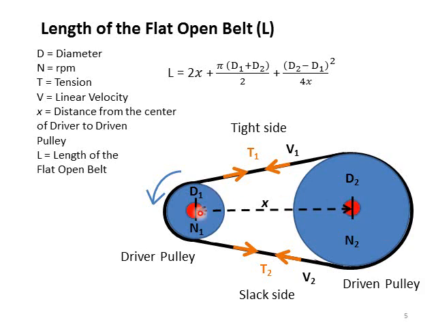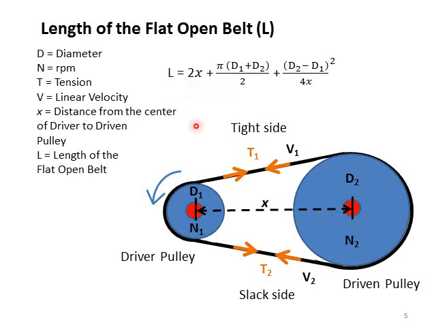The length of the flat belt is equal to 2x plus pi into (d1 plus d2) divided by 2 plus (d1 minus d2) whole square divided by 4x.